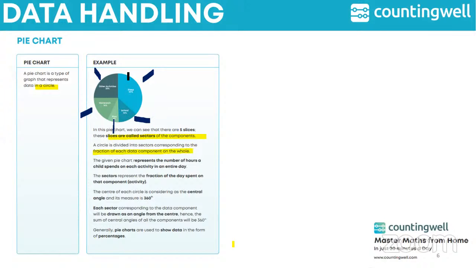So if we take the circle as a whole and the fraction of the data represented by the sectors of the circle, then it is nothing but a pie chart. Here the pie chart represents the number of hours a child spends on each activity in an entire day.